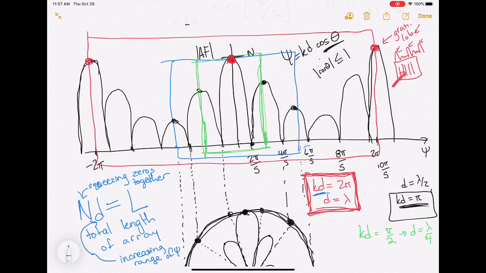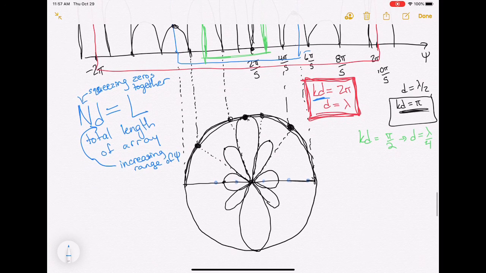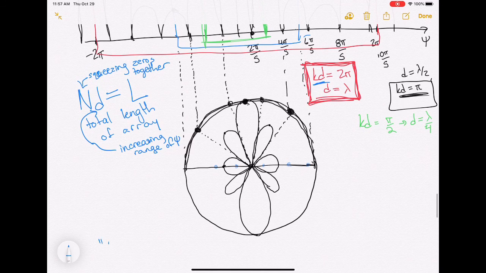And together, L, the total length of the array, is known as the aperture, which is another term that we borrowed from optics. If you're talking about a camera or a lens or something like that, it is the opening that light goes through.